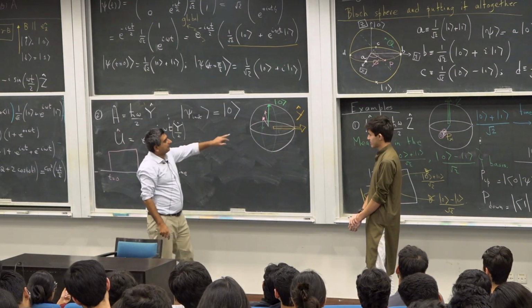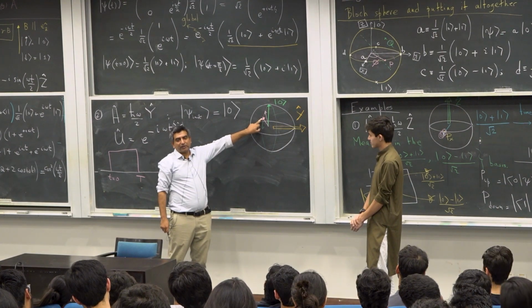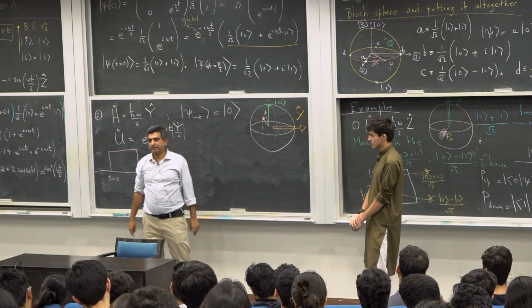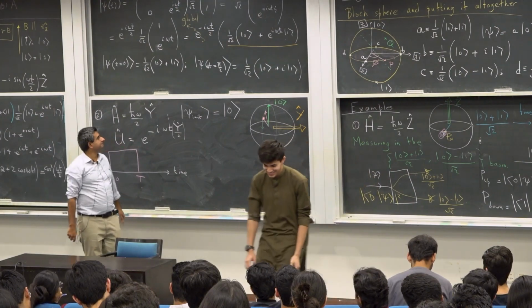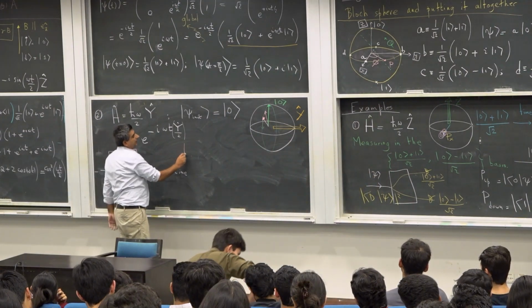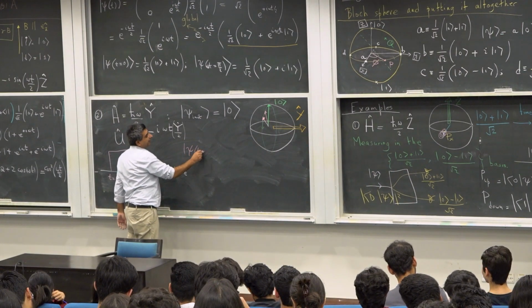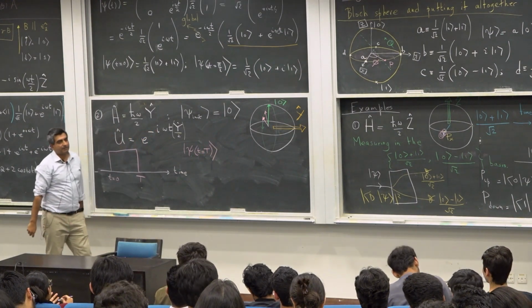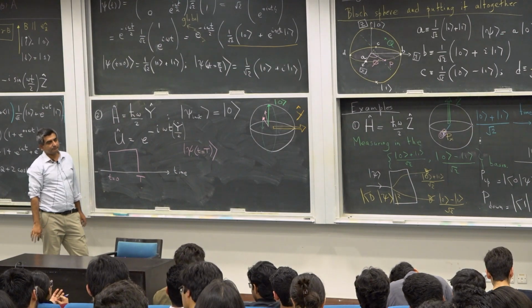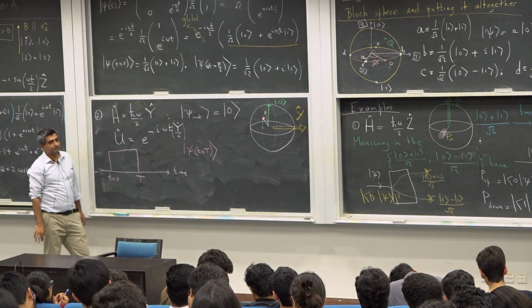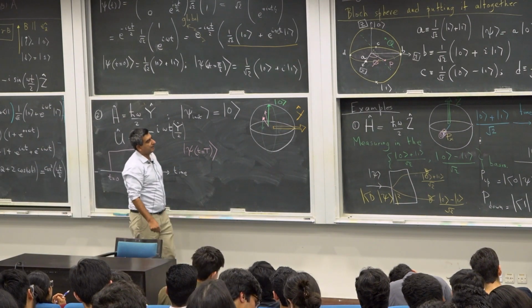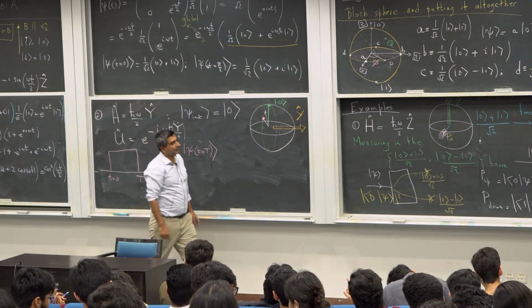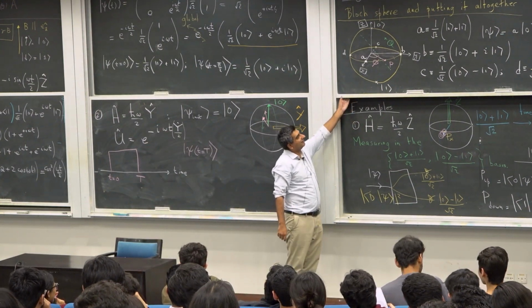So by the way, mathematically, what is this state going to look like after time capital T? What is this state after time T? So let's look at the Bloch sphere.